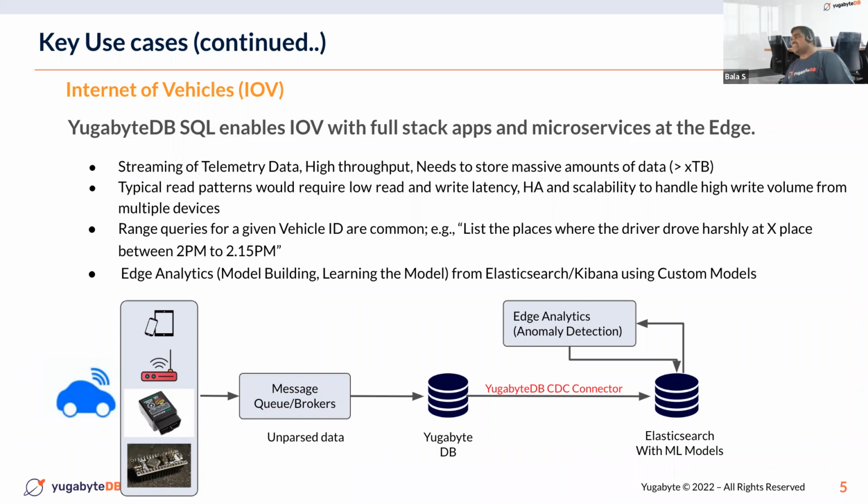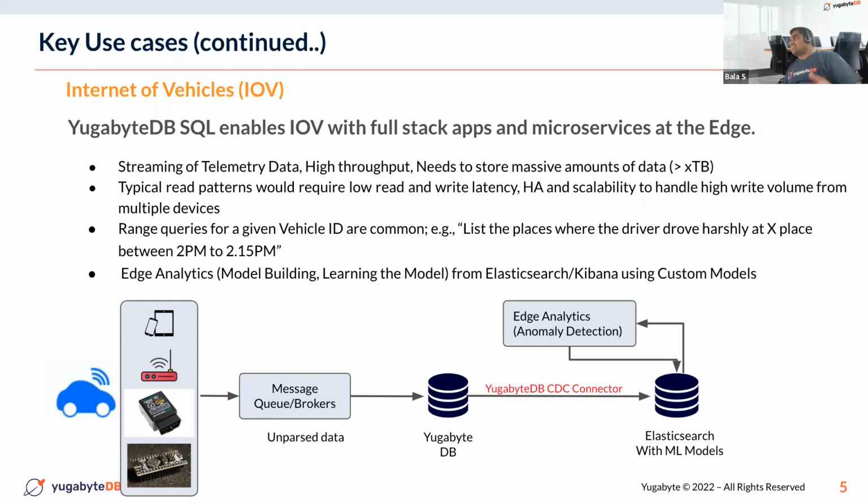That's where edge analytics is an important use case for Internet of Vehicles, where today YugabyteDB is able to store such IoT data coming from different sensors. We can store the actuators or the IoT gateway data or even the direct devices data, and we will leverage Elasticsearch, where a lot of ML models are plugged in, standard machine learning models, or even custom models can be plugged inside.